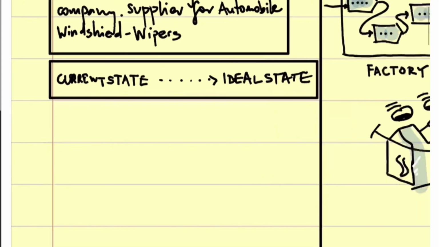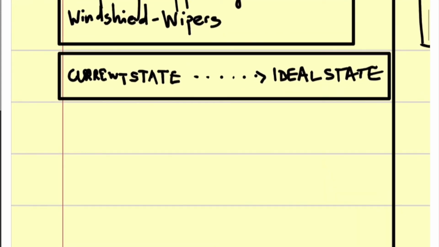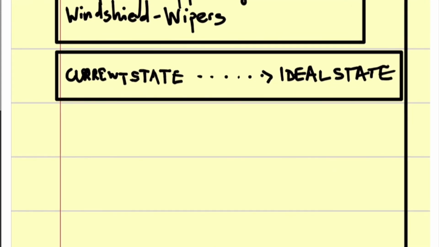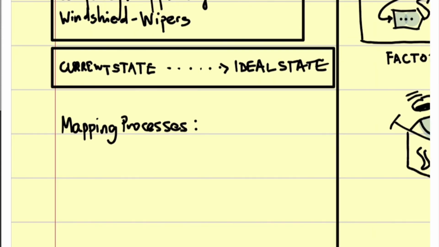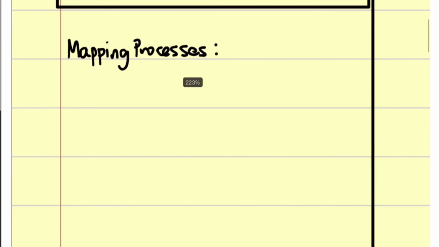One thing that I would like to start with is a reminder on how to map processes. Some of you have seen this before, but some of you not, so I will repeat again.